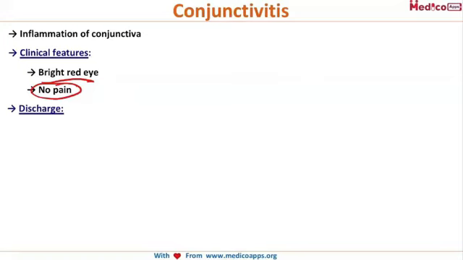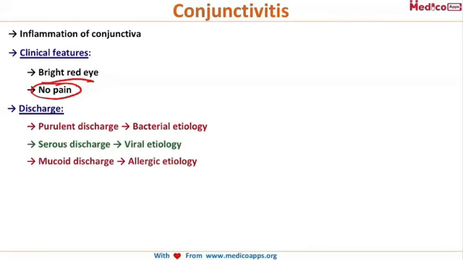Based on the type of discharge, we can decide the etiology of the conjunctivitis. So, purulent discharge indicates bacterial etiology, serous discharge indicates a viral etiology, and mucoid discharge indicates allergic etiology, right? So, purulent indicates bacterial, mucoid indicates allergic, and serous indicates a viral etiology.